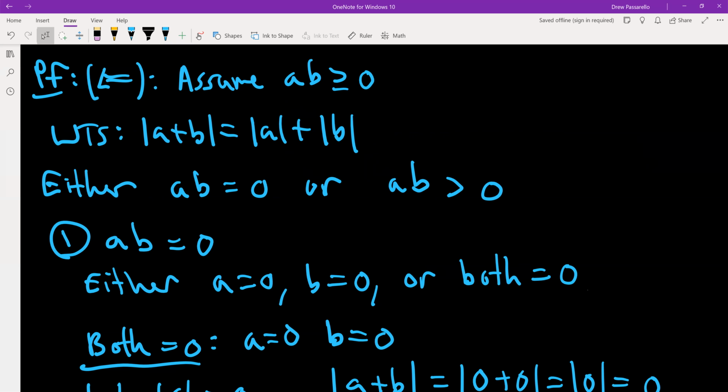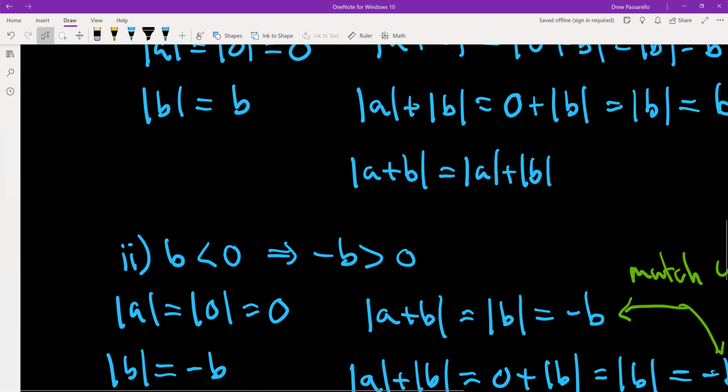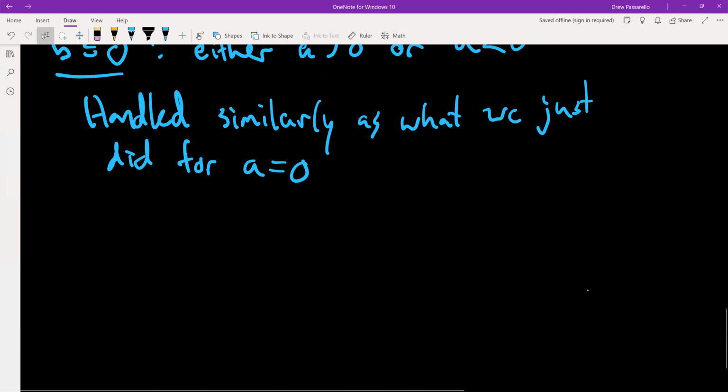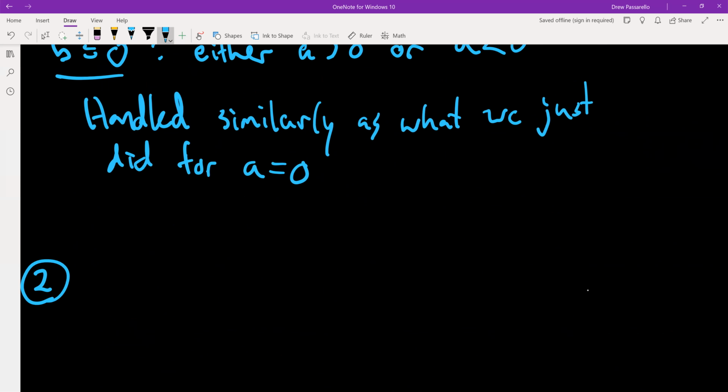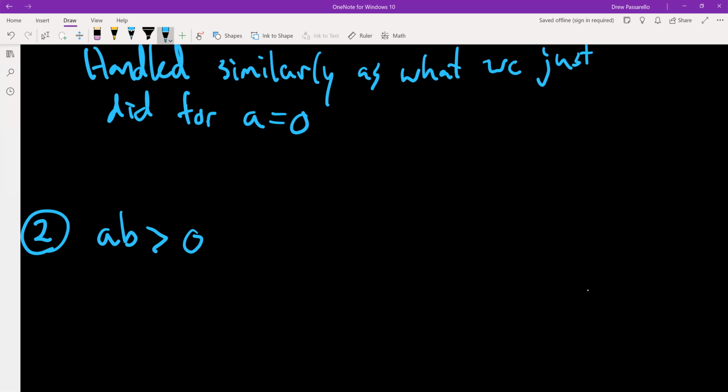So now the second option is if the product is positive. So this will be AB is positive. So what does this mean? The product being positive means either both are positive, or both are negative.